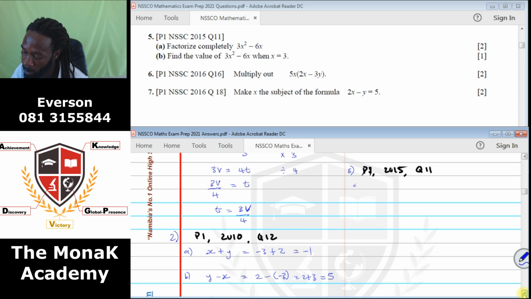We start with A. A says factorize completely. So we have 3x squared minus 6x. So on the numbers, the common factor is 3. On the letters, we choose the smallest, which is just an x. So we'll only be left with x here. 6 divided by 3, it's 2, and then we have no x anymore. And it will be done like that because they said completely.